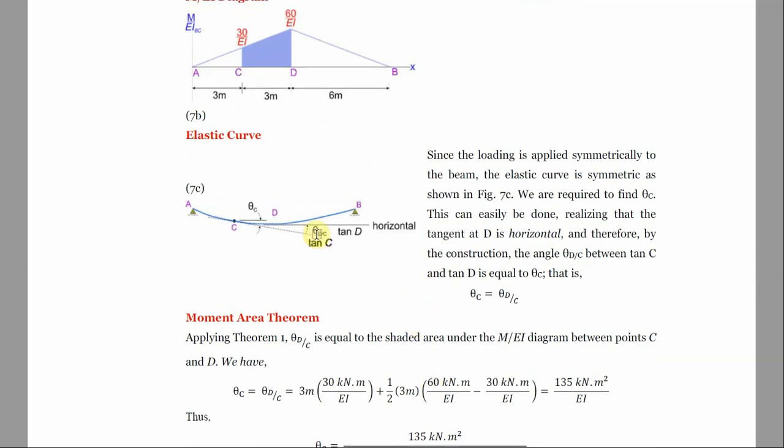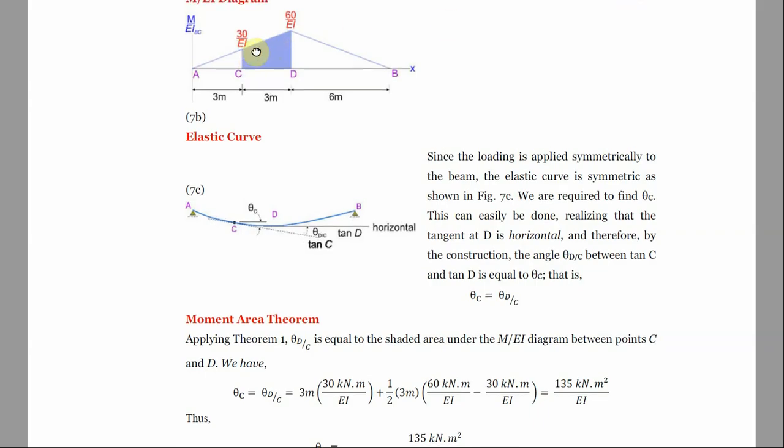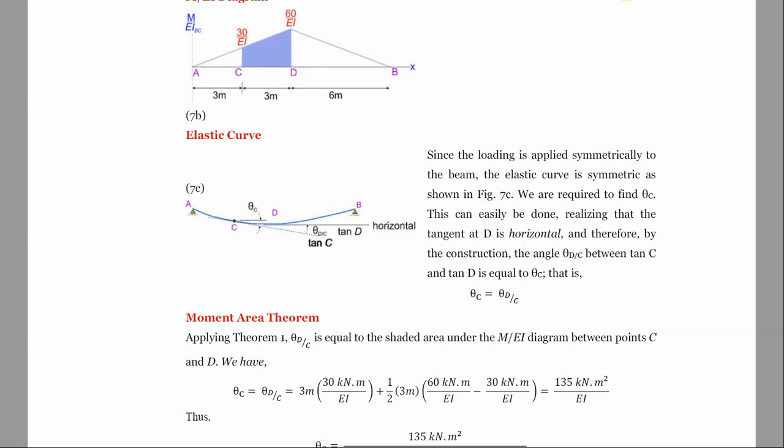Now to do that, all we need is the same principle that we used the other time. This is the area we are making reference to, that is we want to get the slope with respect to d. This is the area we need in this diagram. However, if you look at this diagram very well, it is a triangle and a rectangle here.